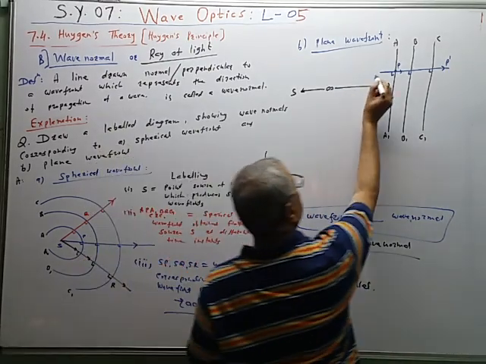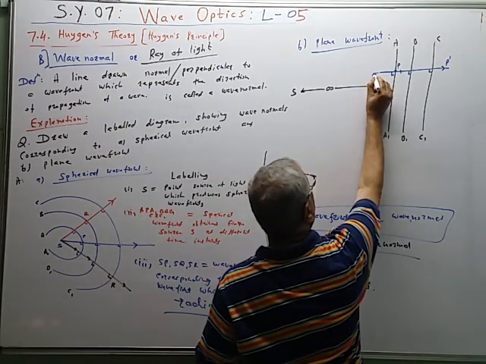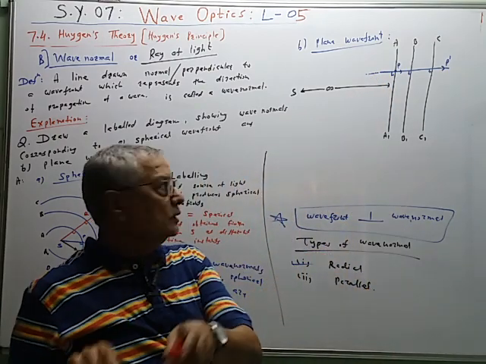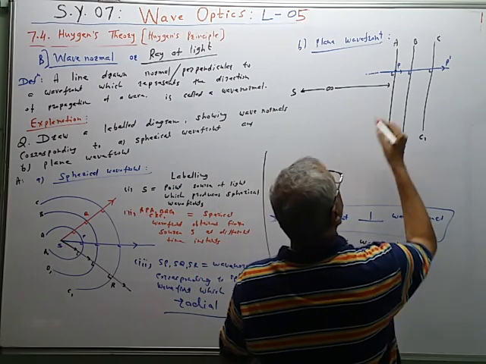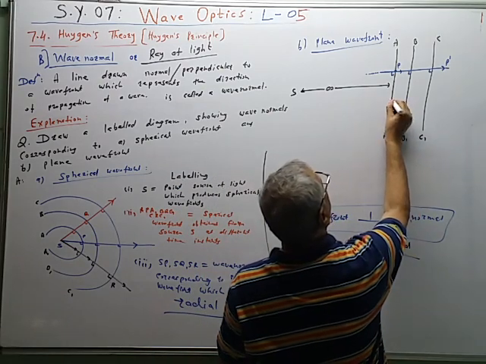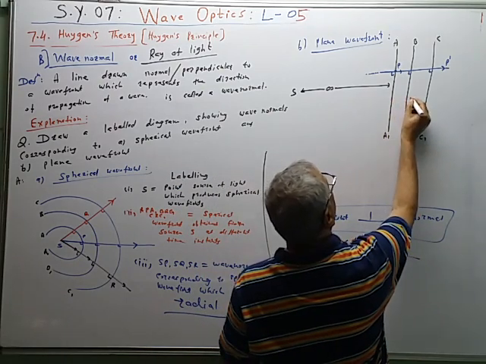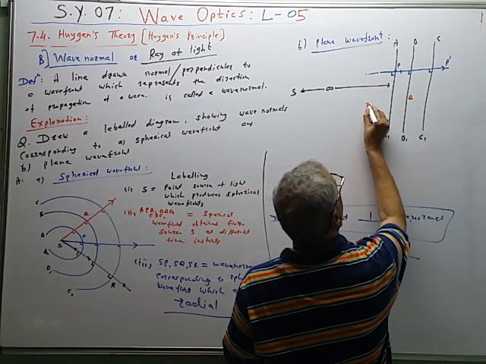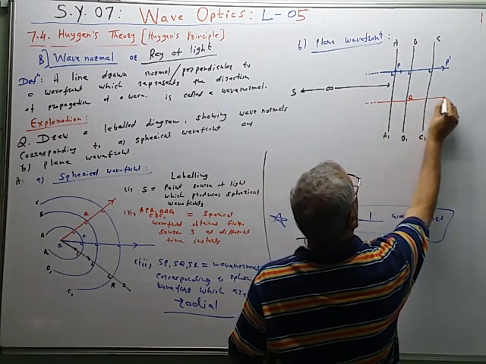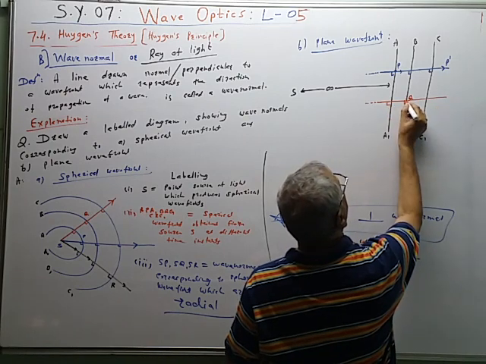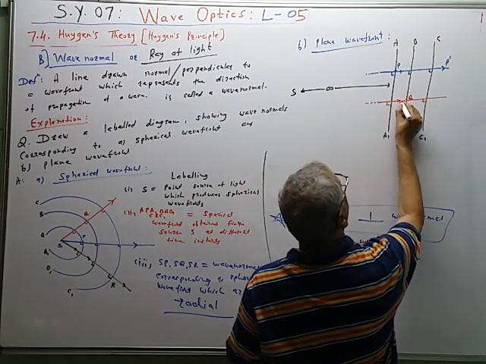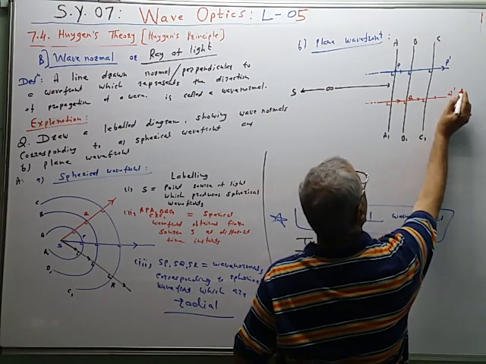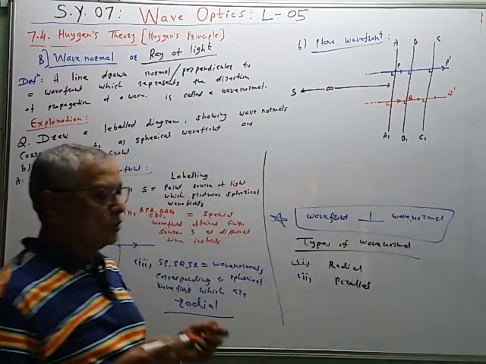So we can extend this line up to infinity, like this. Then this is the Q point. So if we draw a normal like this, this angle is 90 degrees, this angle is 90 degrees, this angle is 90 degrees. So QQ dash is another wave normal.